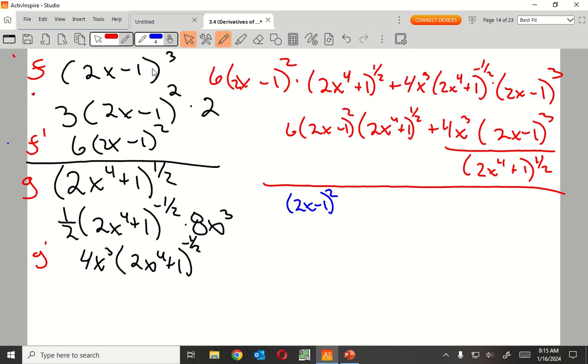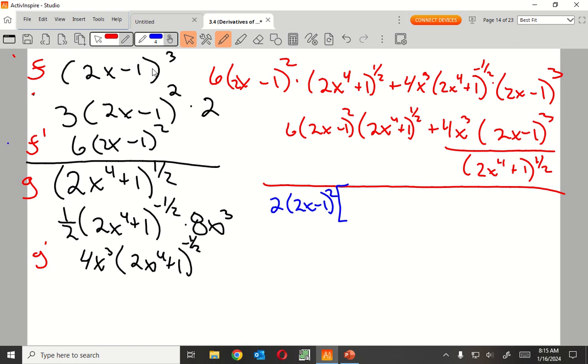And I could also take out a 2. I don't know if that matters, but it will in a second. And so I'm going to change my parentheses to a bracket. So it means the same thing. Parentheses and bracket means the same thing. It's just showing the difference, especially when you're writing it out by hand. But if you're putting it in the calculator, just use parentheses all the way.